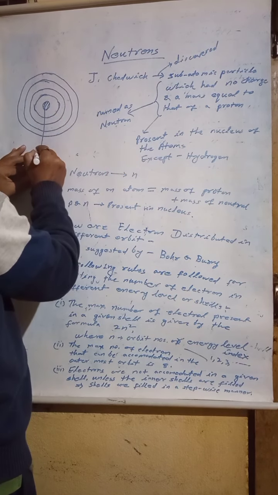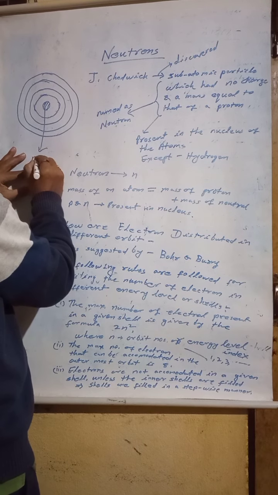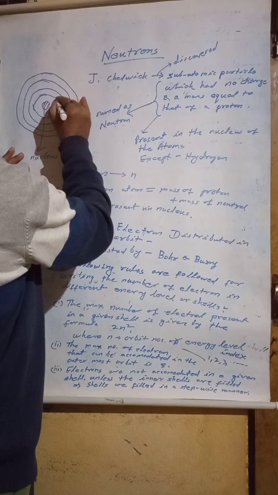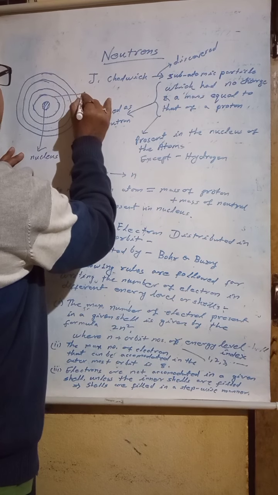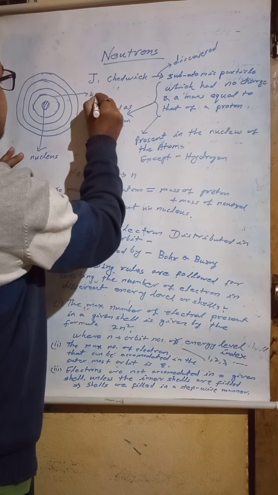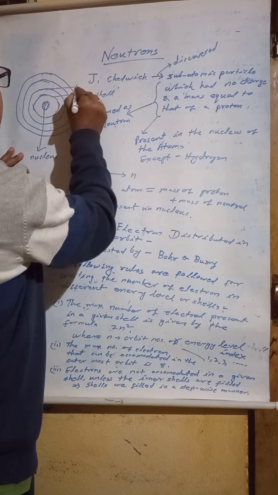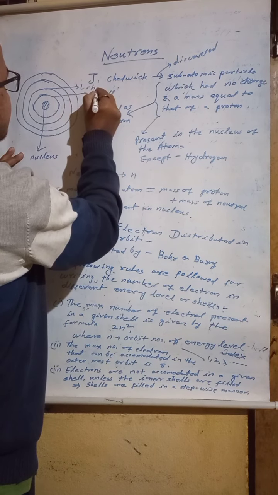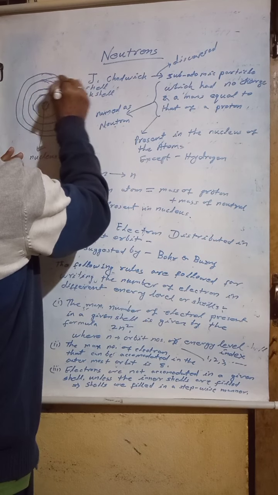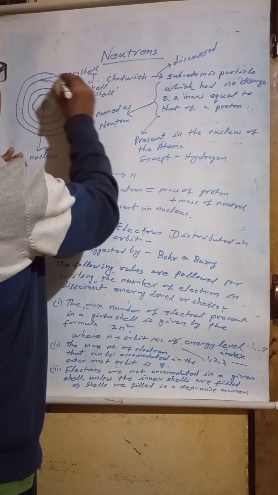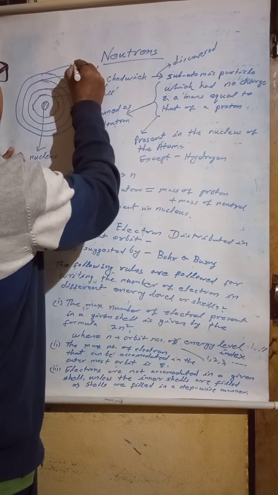As I told you earlier, these are the K shell, L shell, M shell and N shell.